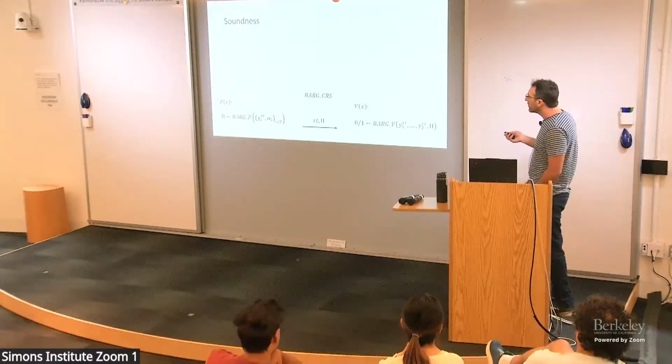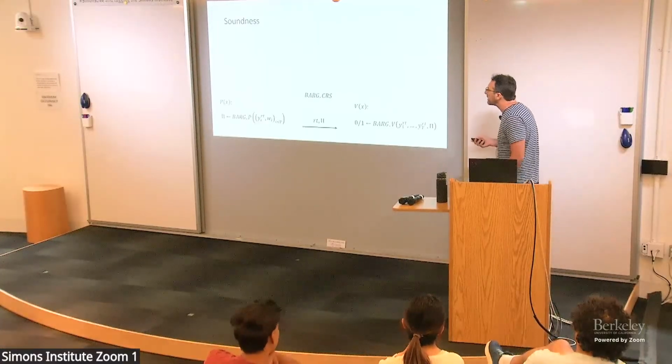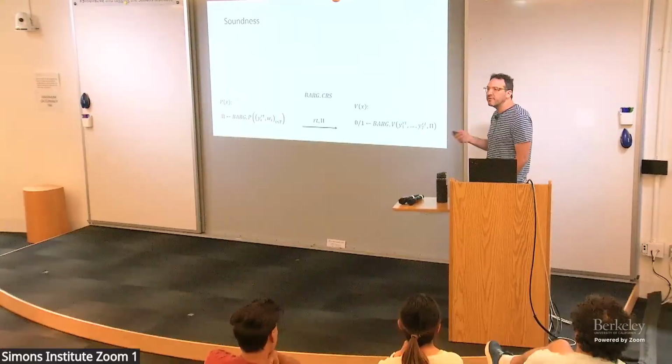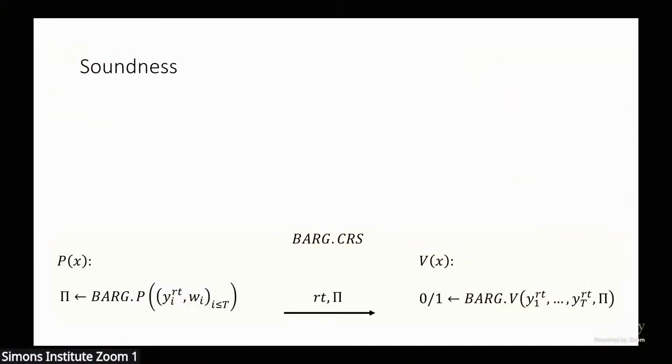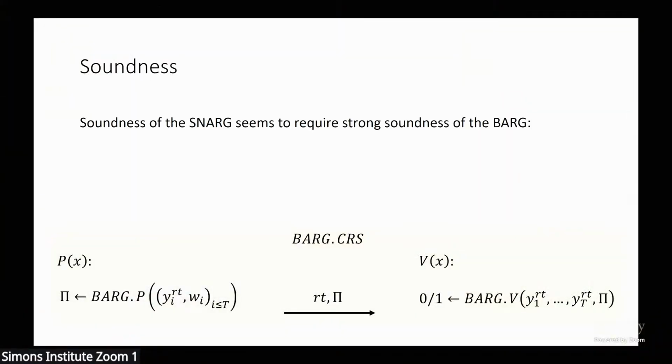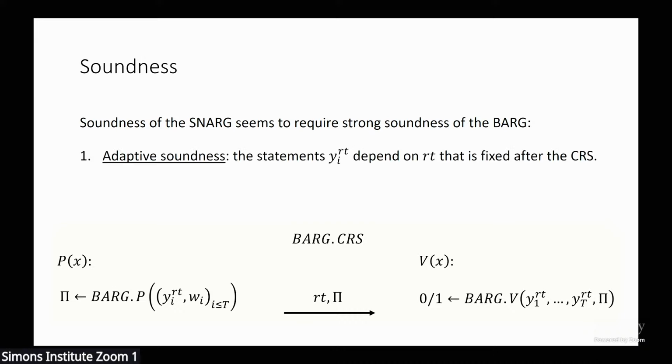So this is our protocol. And if you naively try to prove the soundness of this protocol, it looks like you need to rely on very strong soundness properties from the underlying BARG. In fact, too strong. So let's see why. First of all, you need the underlying BARG to be adaptively sound. Why is that? You need that the BARG is secure even if the prover chooses the statement as a function of the CRS.